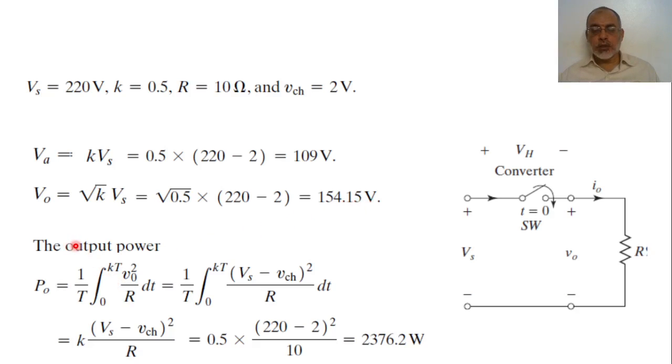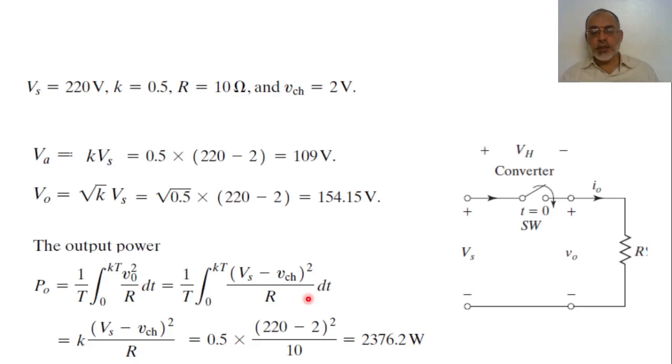What is the output power? The output power would be 1 over T multiplied by the integration from 0 to kT of V out squared over R dt. The output voltage is V source minus V chopper, because once again, the voltage that appears on the load is V source minus V chopper. So V source minus V chopper squared over R dt.